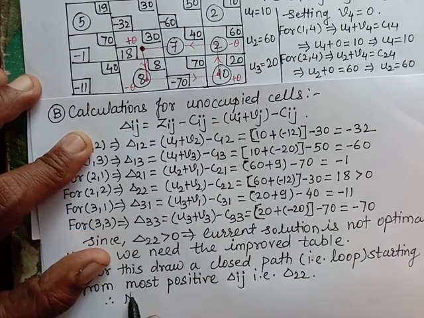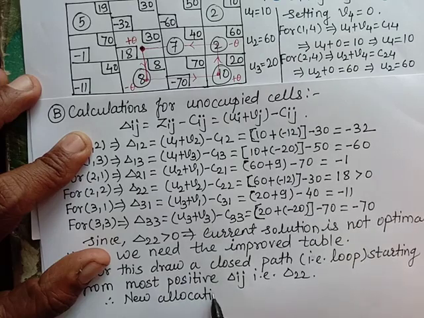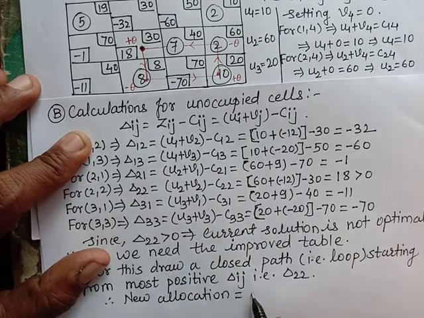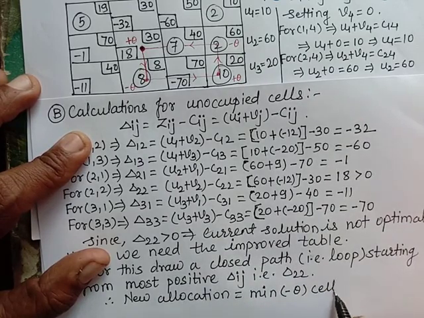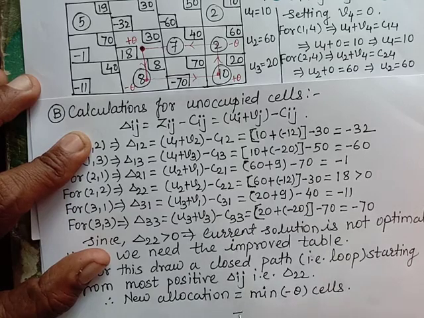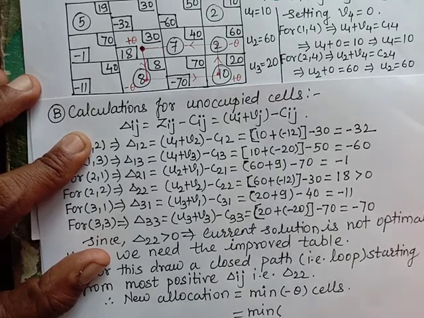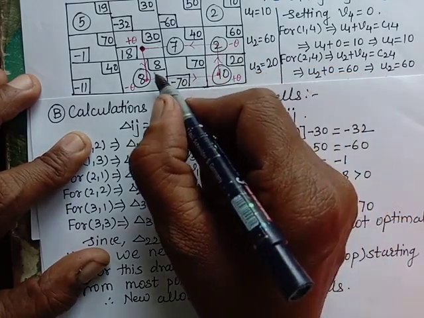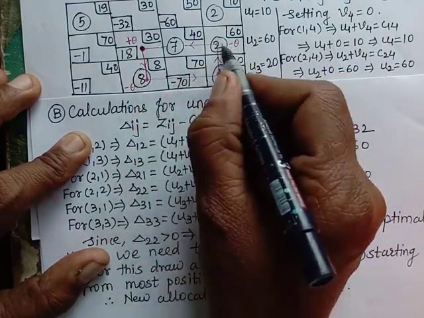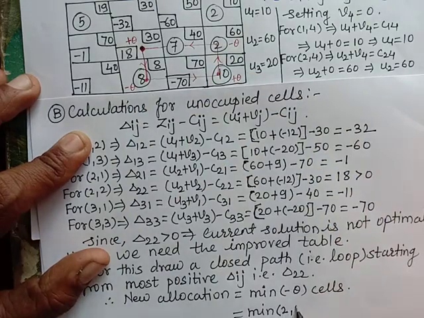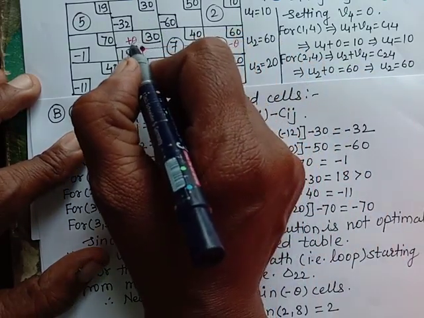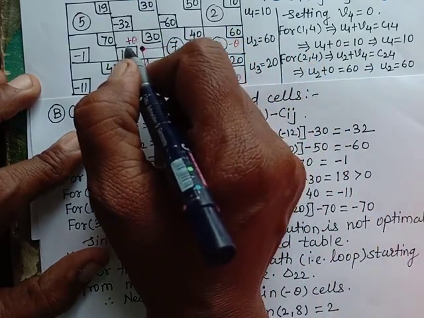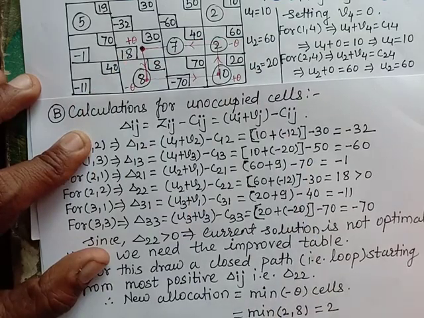Therefore new allocation is equal to the minimum of minus theta cells. What are the minus theta cells? It is 2 and 8. Look at the allocations, 2 and 8. So the minimum of 2 and 8 is 2. So we will write this 2 here. The new allocation will be the minimum of 2 and 8.